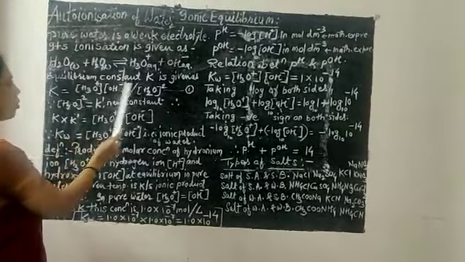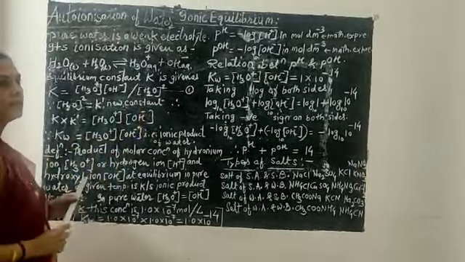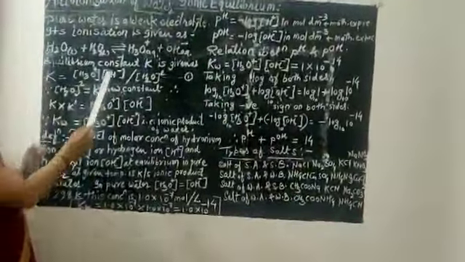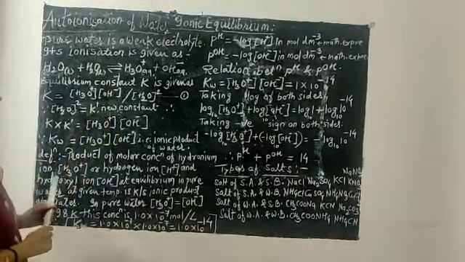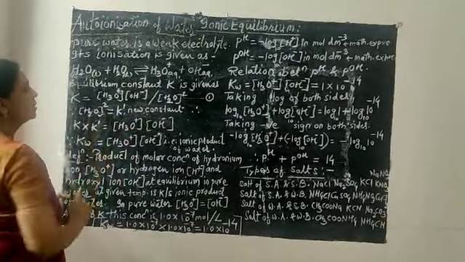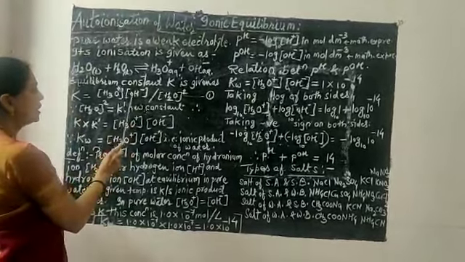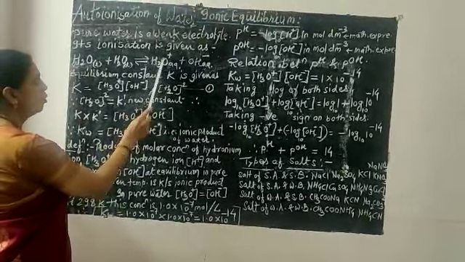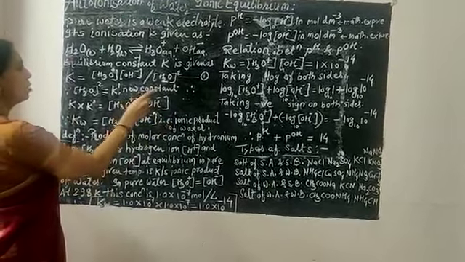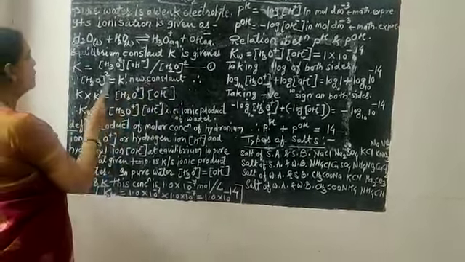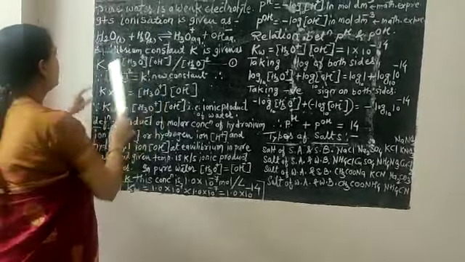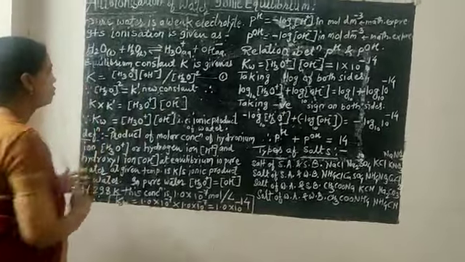Now the equilibrium constant K for this dissociation reaction is given as follows. These are the products, these are the reactants. So the concentration of H3O+ and the concentration of OH− ions, the product of the concentration of the products divided by the product of the concentration of the reactants, and thus it becomes the equilibrium constant.